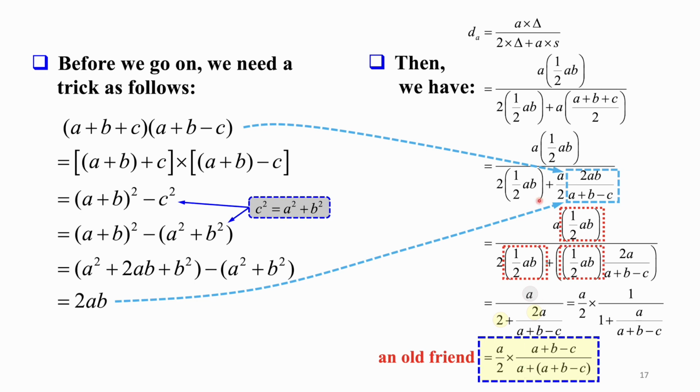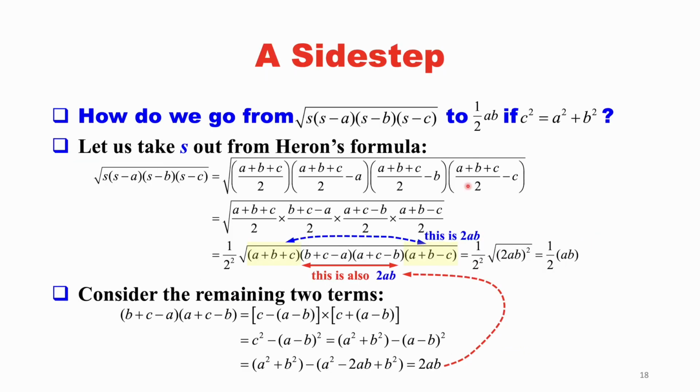So going from the general case to a special case is pretty easy. Let's do a sidestep. How can we go from Heron's formula to half of A times B if angle C is 90 degrees? Let's take S out from Heron's formula.